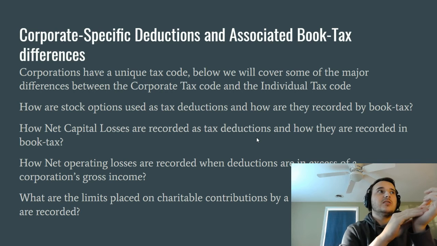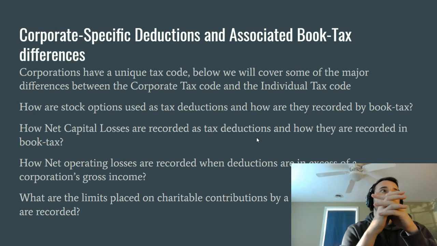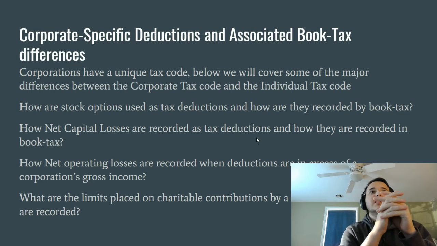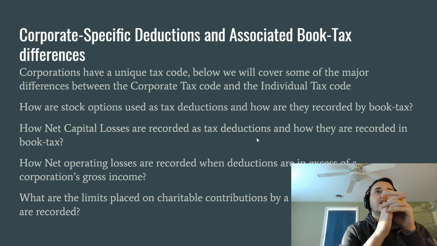Some of the main things we will be going over are how stock options are used as tax deductions and how they are recorded by book tax, as well as how they are used as incentives to keep employees happy and working for the same company. Also, how are net capital losses recorded as tax deductions, and how are they recorded in book tax?